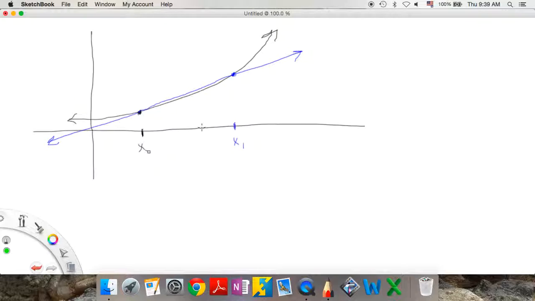So what happens if we get closer though? Let's say we get closer in here, and we draw our secant line in, like so, and then we get even closer in here, and again we draw our secant line in.